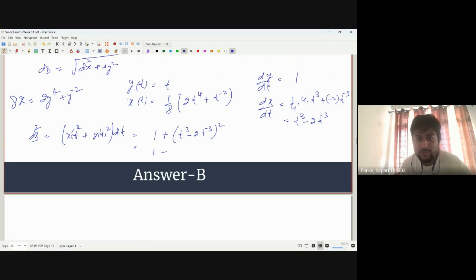Let's expand it: 1 plus, if you take the square, you get t to the power 6, then plus 4 times t to the power minus 6, and then minus 4.